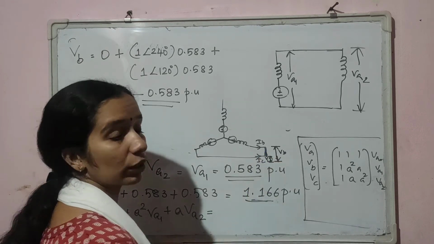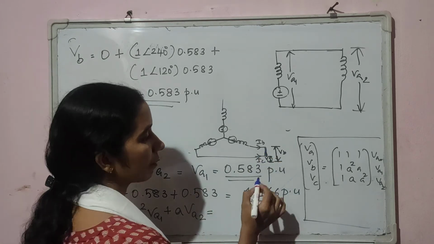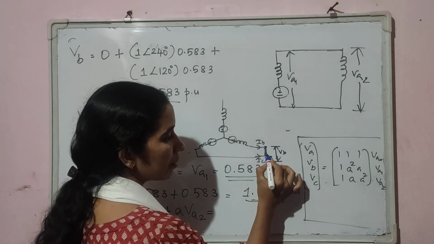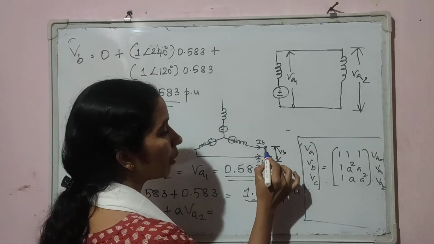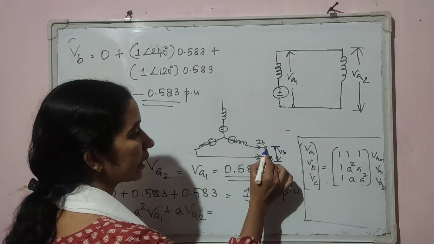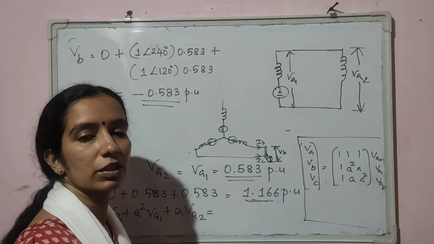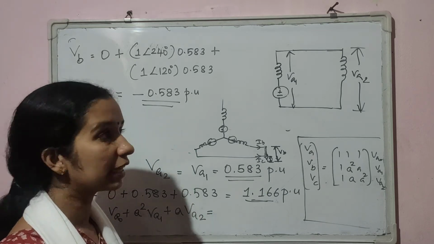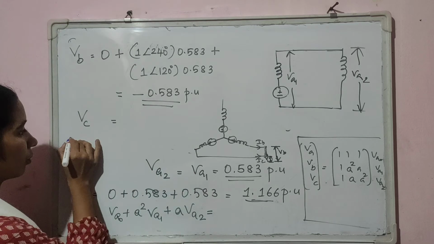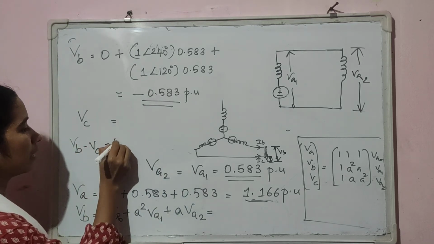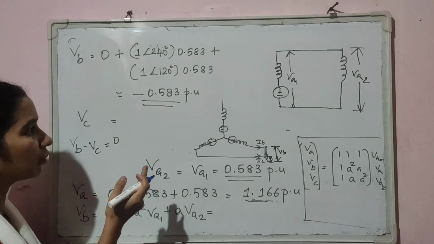VB minus VC means potential at this point minus potential at this point, or potential difference across this short circuit. So we know that voltage across a short circuit is 0. So here VB minus VC is 0, or VB is equal to VC.